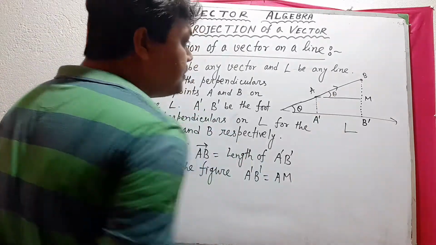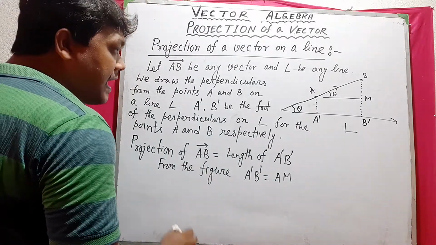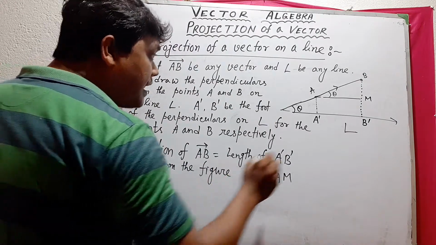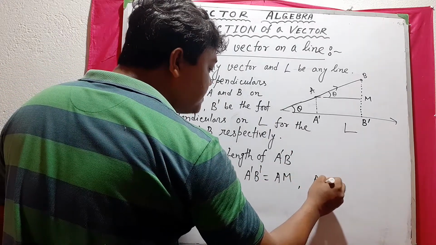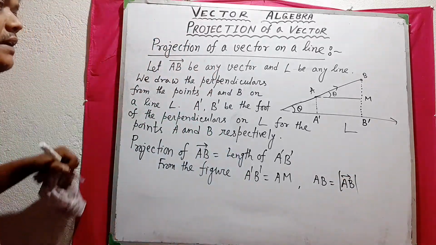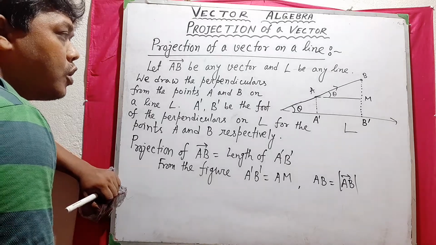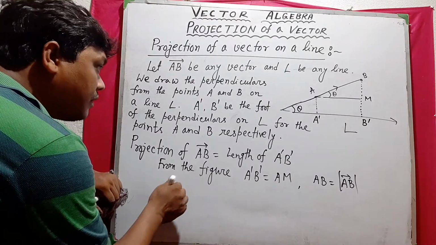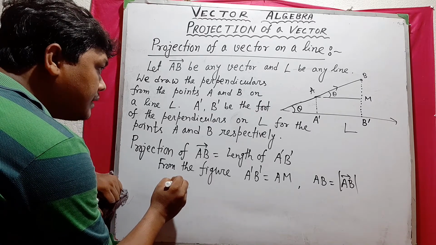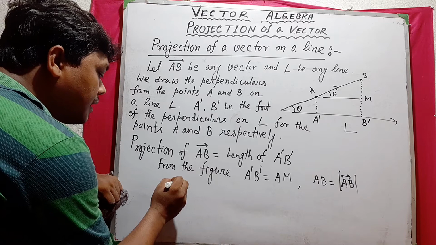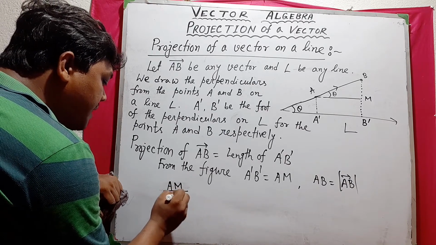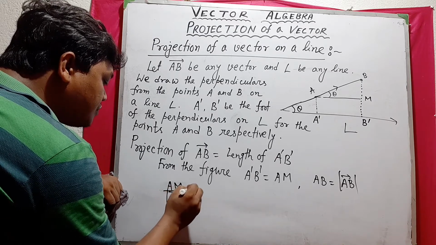And the angle between them is theta. So AM, the AB vector mod of AB is the length, AB is given to you as mod of AB vector, that is the length. Clear? So mod of AB, AM by the length of AB vector, that is cosine theta.